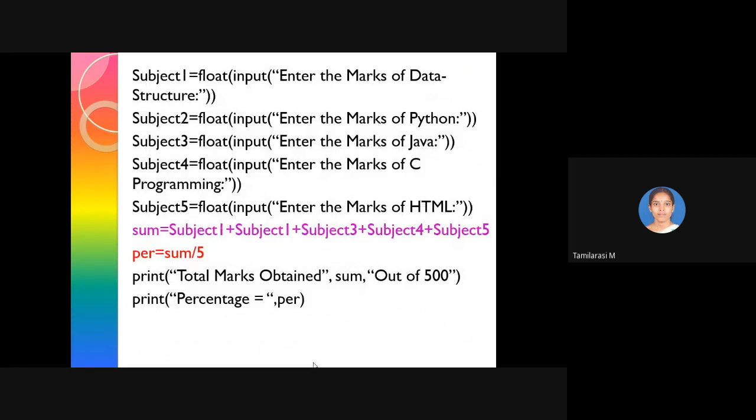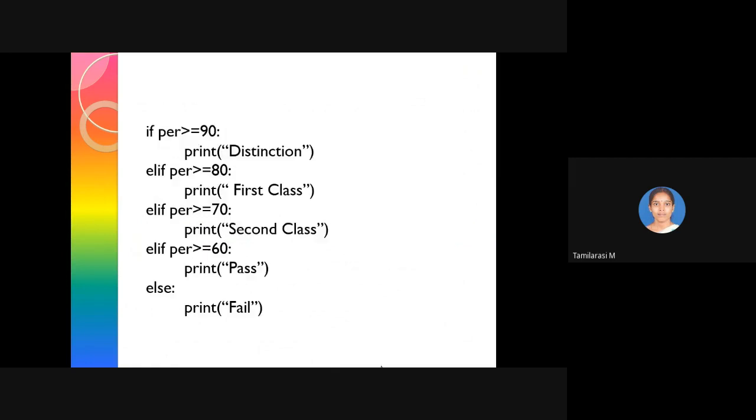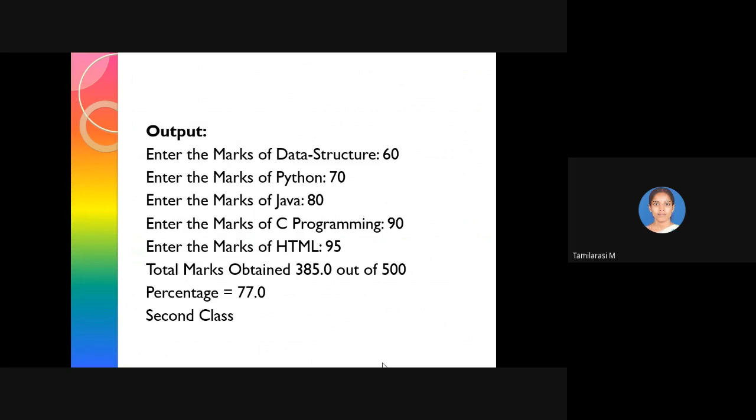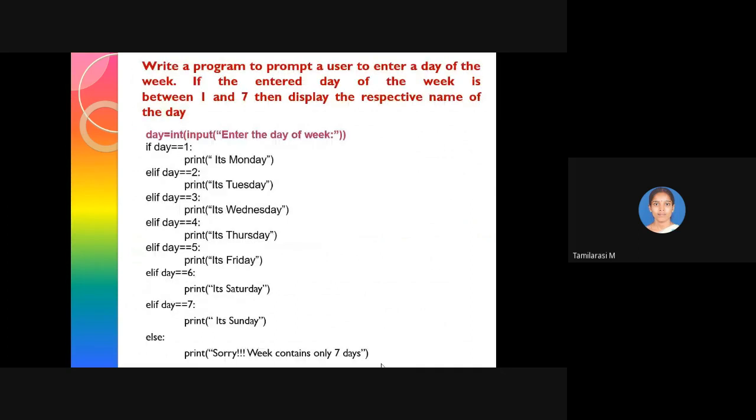First get 5 subject marks, then sum up those 5 subject marks, then calculate the percentage. If the percentage is within that range, then that particular block has to be executed. This is the solution for the first one. This is another example.